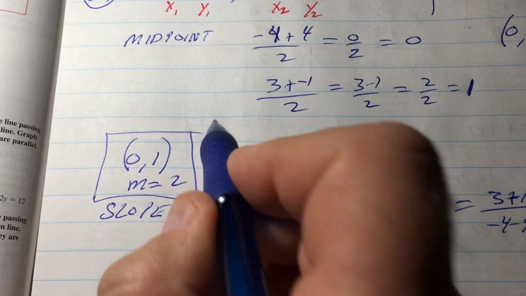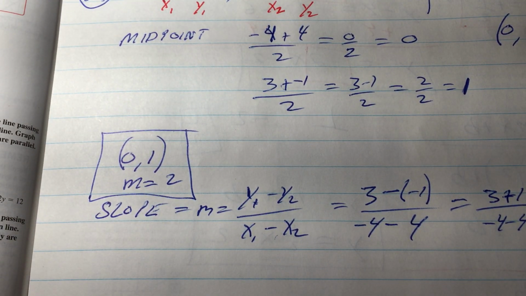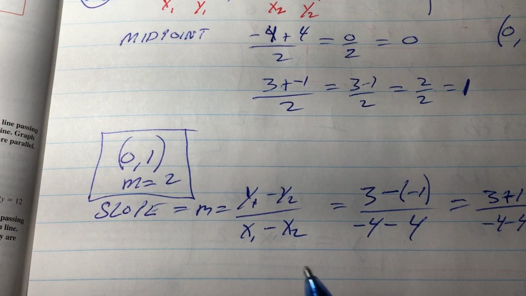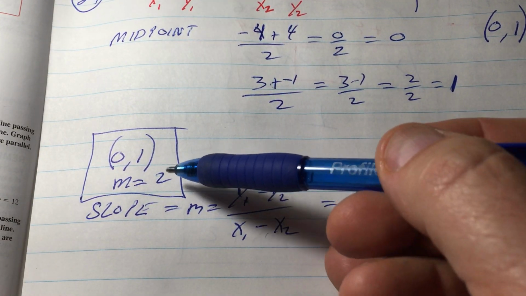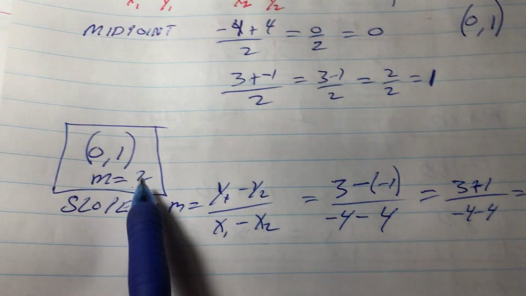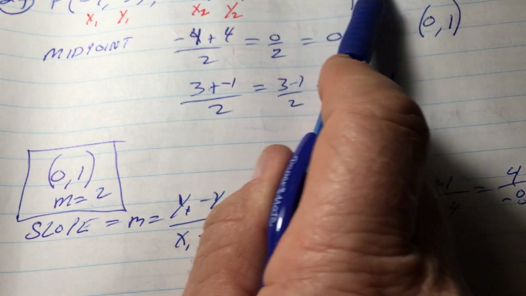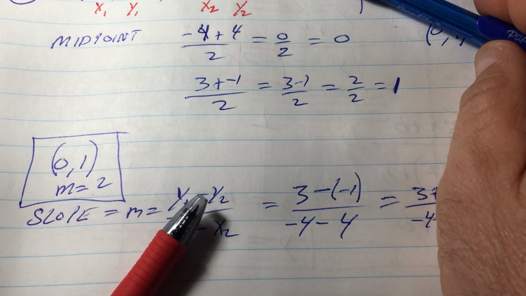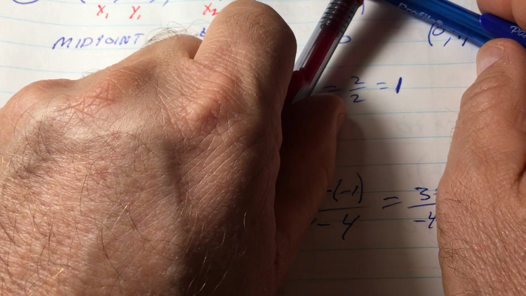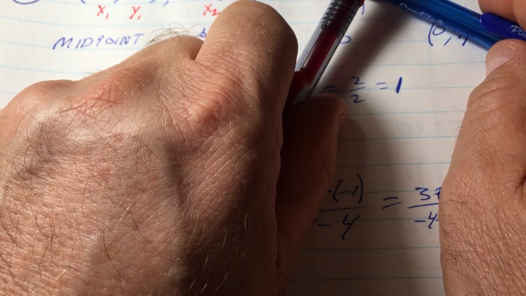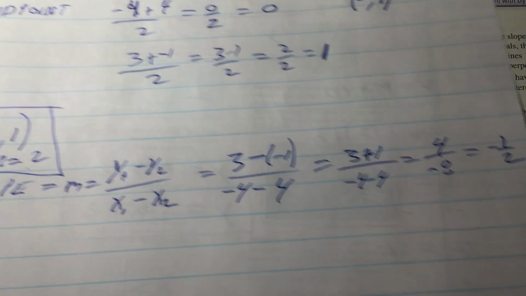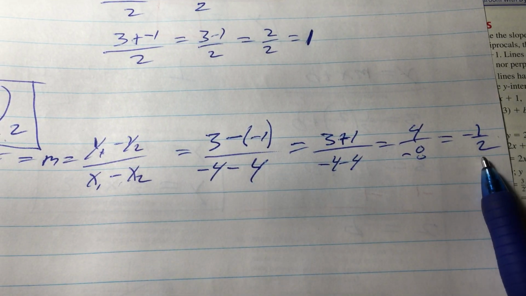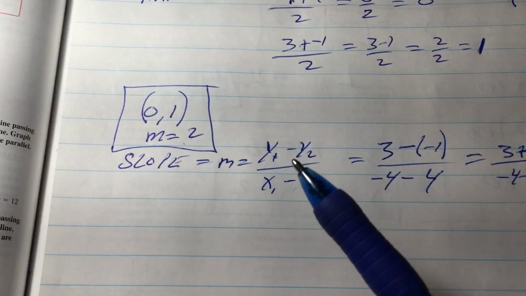Use this information, and we're going to get an equation. Okay, that's our midpoint. We had to find the slope of the line first, take the negative reciprocal, and that's how we got that.